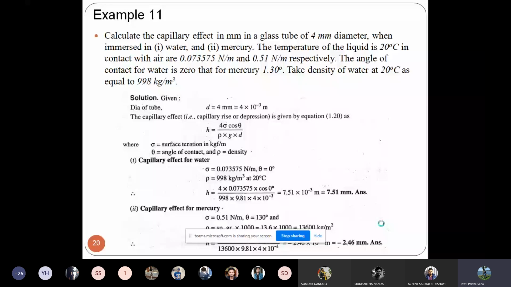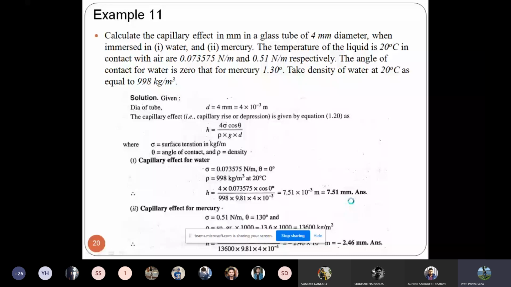The angle of contact for water is 0 and for mercury it should be 130 degrees. Take the density of water at 20°C as 998 kg per meter cube. So it's very simple. You know the expression, with theta 0 for water. So h will be 7.51 millimeter, just like the previous example. And for mercury, it will be minus 2.46 millimeter.